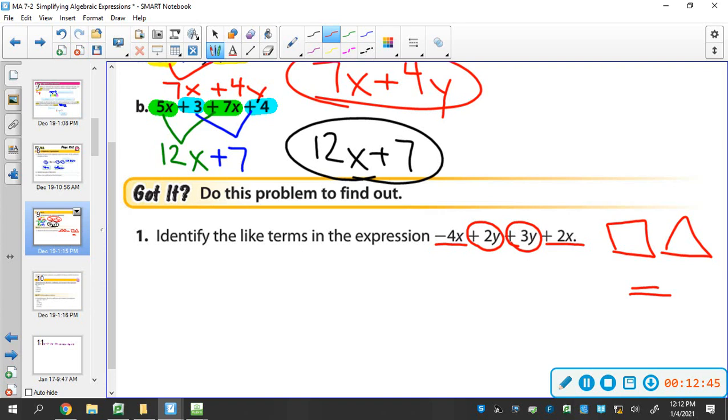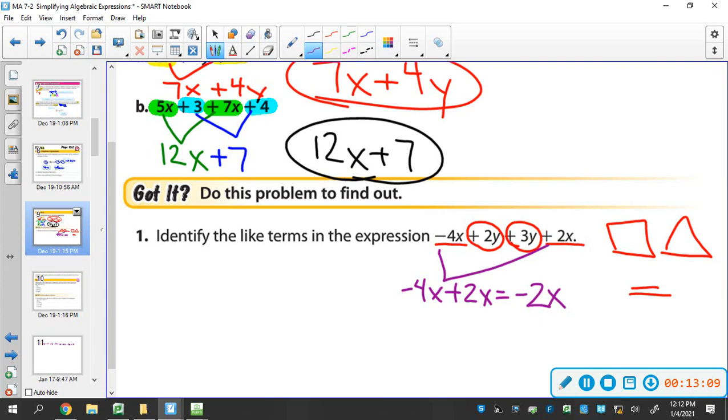Okay. So on this one, negative 4x plus my 2x, well, if I want to think this through, negative 4x plus 2x, that's really a negative 2x. Okay? Again, it's negative 4 plus 2 would be a negative 2, and I just keep my x on there.